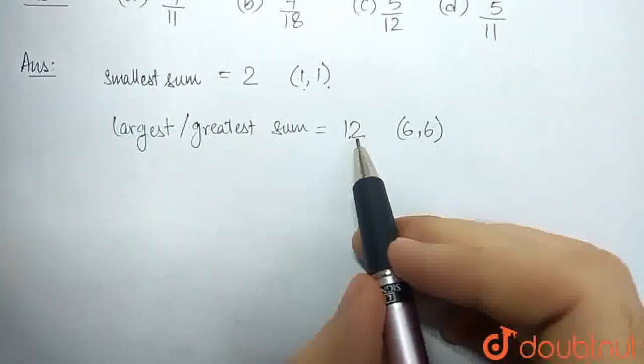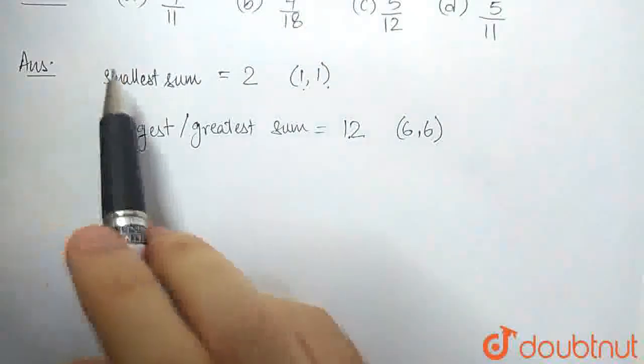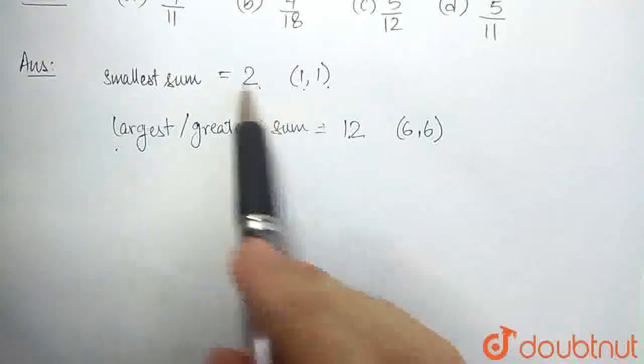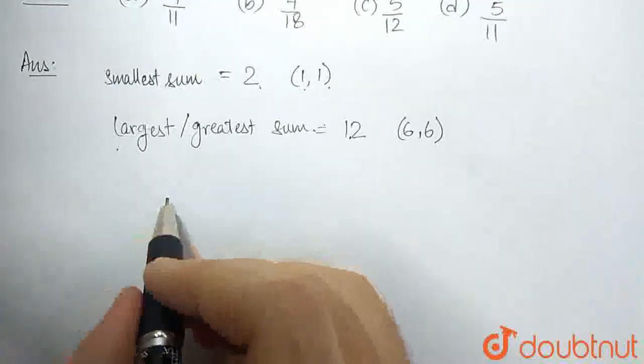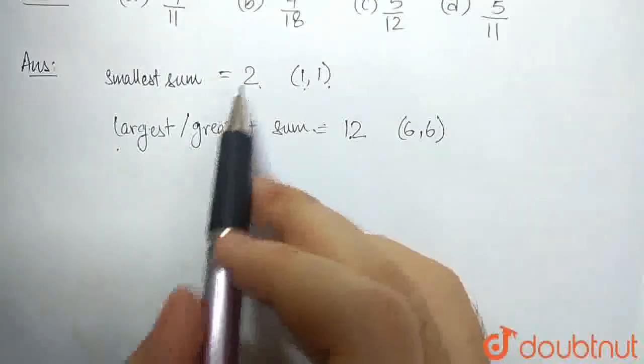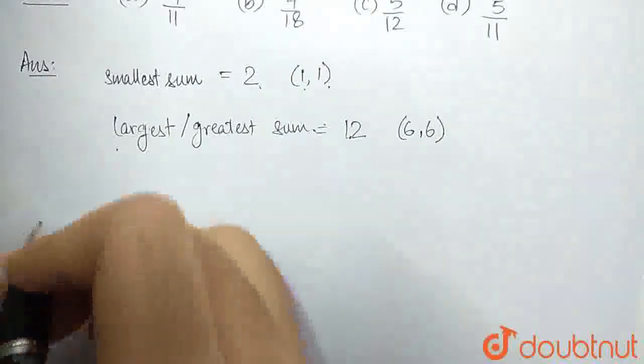So we get 12, right? So all other outcomes will have their sum somewhere in between 2 and 12, right? So what I'll be doing now is listing all the prime numbers starting from 2 up to 12, right?